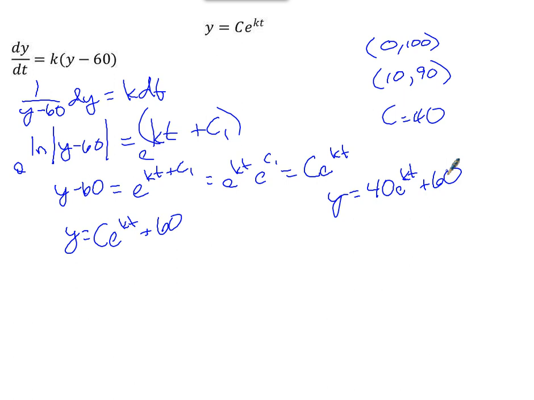Other ordered pair, we have 90 equals 40 e to the k times 10 plus 60. Subtract 60 from both sides and divide by 40, and we wind up with 3/4 equals e to the 10k.